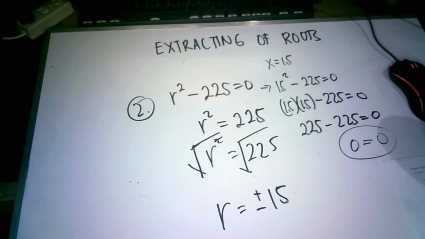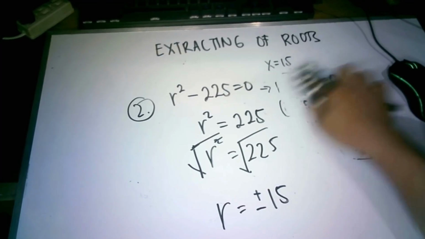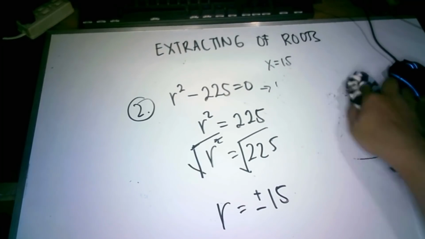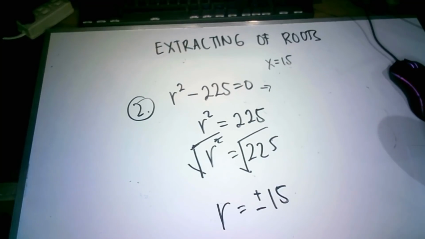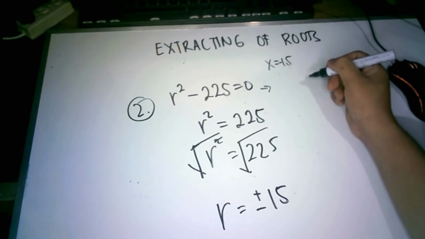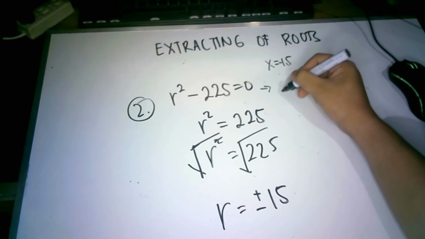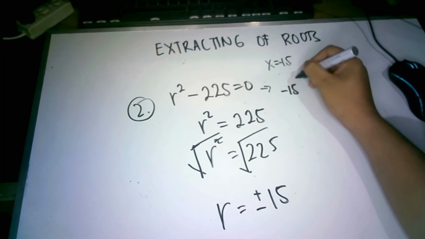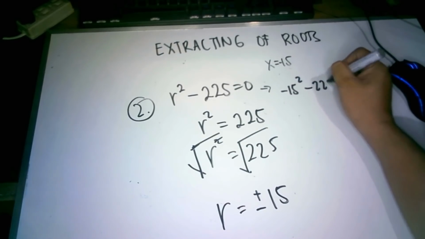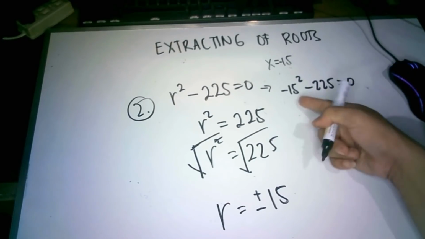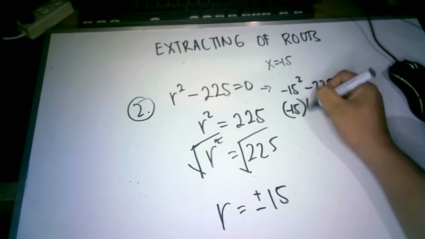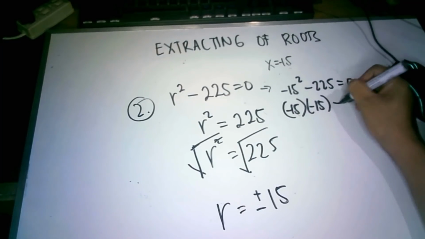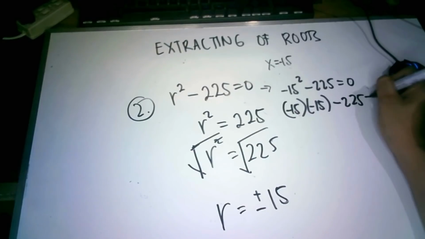Diba? Next. How about negative 15? Kung negative 15, magiging 0 pa rin ba siya? Of course. Kasi dalawa yung value. Let us try. Kung negative 15, ang mangyayari dito is magiging negative 15 squared minus 225 equals 0. So, dito magiging negative 15 times negative 15 minus 225 equals 0.